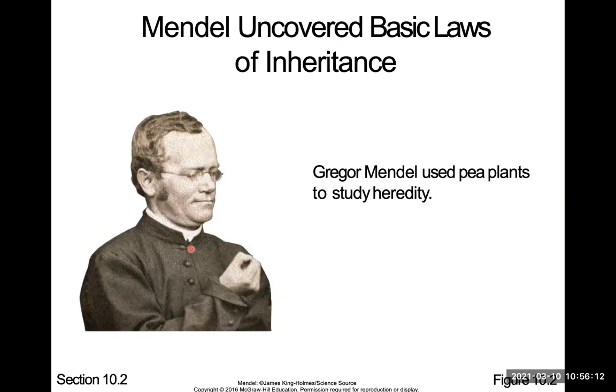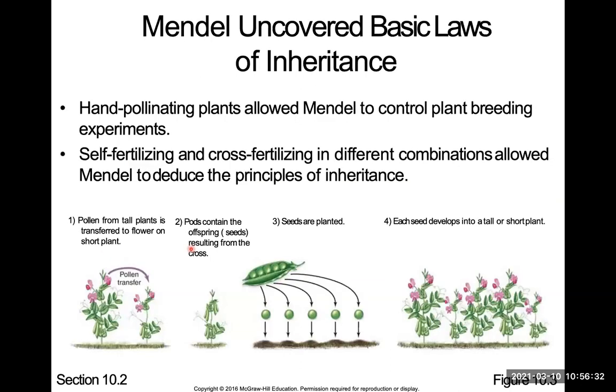And it was nothing new. Agriculture has been happening for a long time, and growing pea plants is a type of agriculture. What he did differently was that when he grew pea plants, he kept a record. He took meticulous notes. He would grow all different kinds of pea plants.